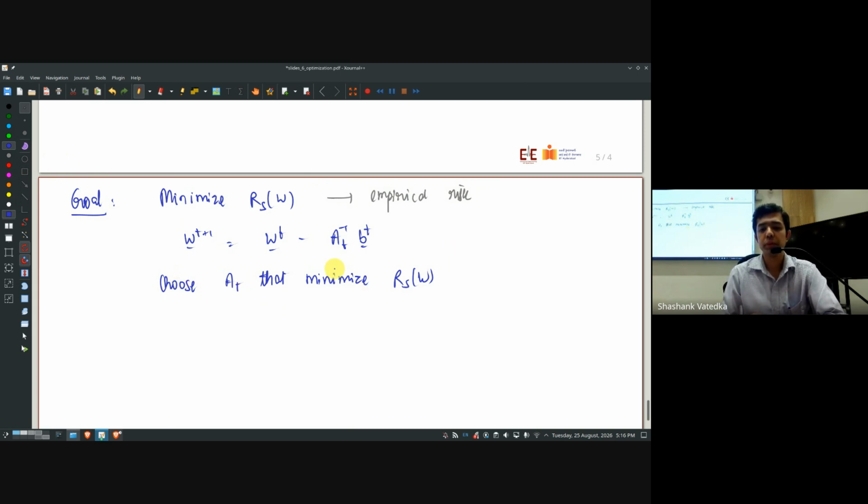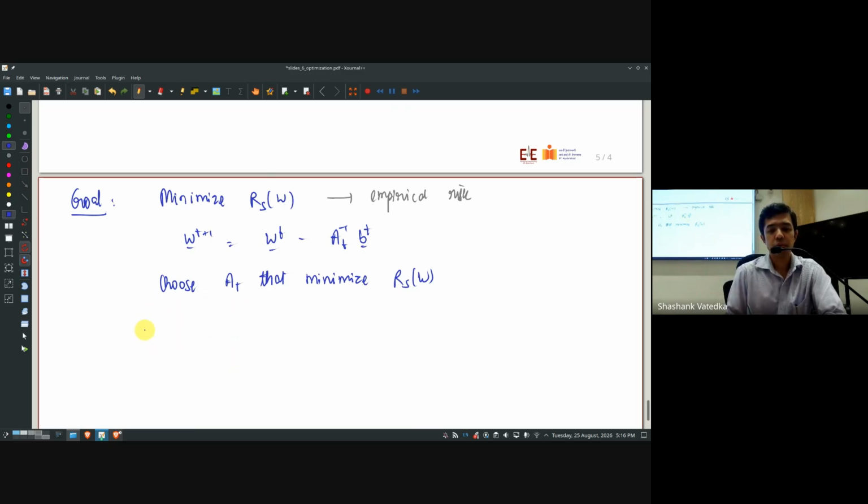Now, doing this minimization directly turns out to be much more complicated, because if we could do this, then we might as well solve the original optimization problem itself, right? So instead, you try to approximate this in some particular fashion and see how that can be minimized by choosing At.